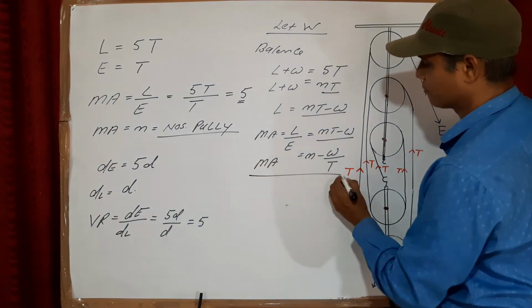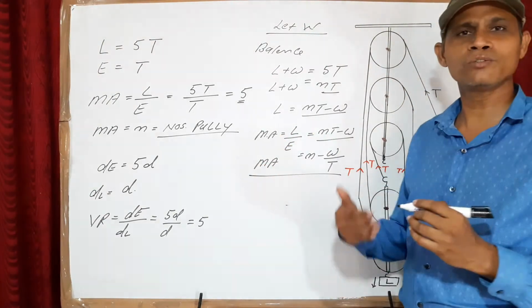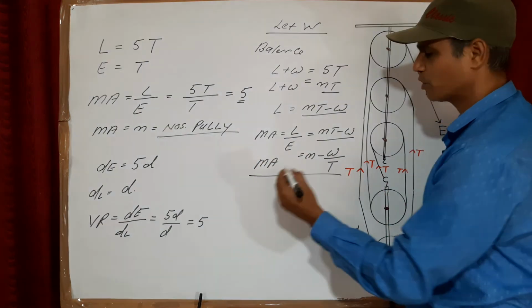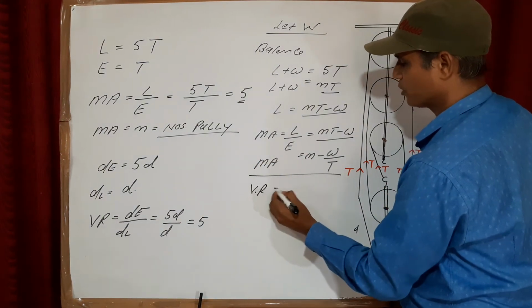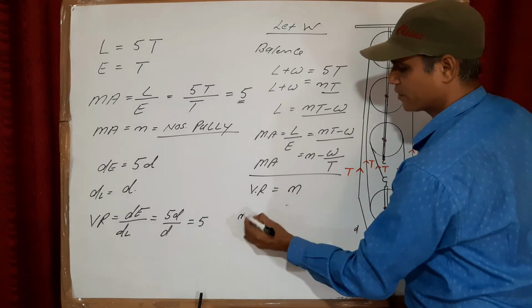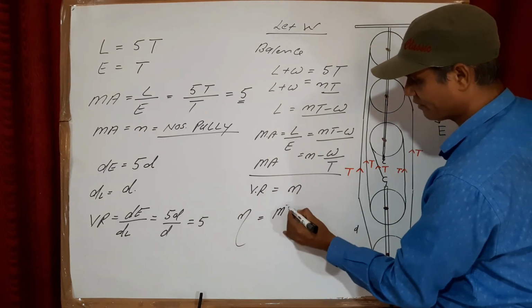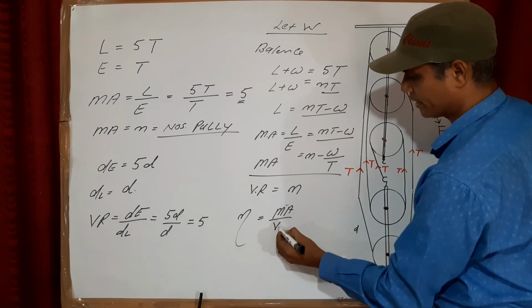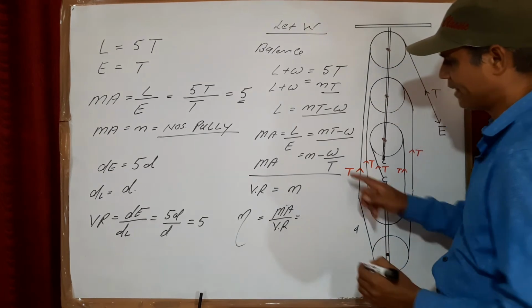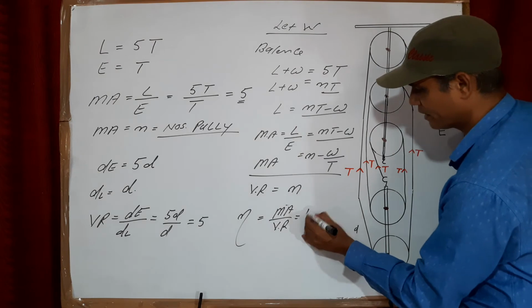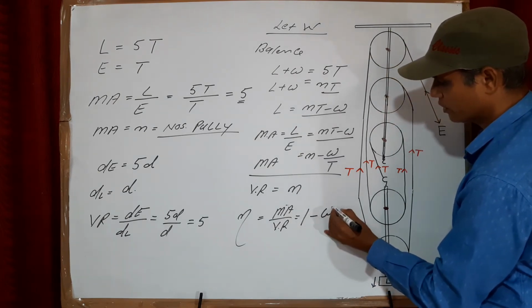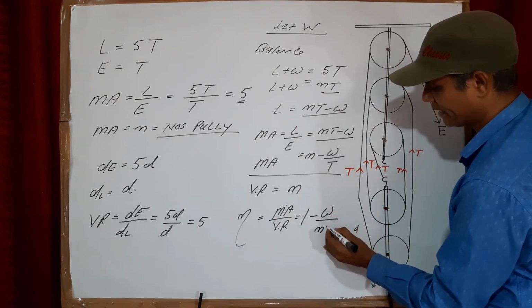And the velocity ratio, you know, is equal to the number of pulleys, n. Therefore, efficiency is mechanical advantage divided by velocity ratio. When you divide, you get 1 minus W upon nT.